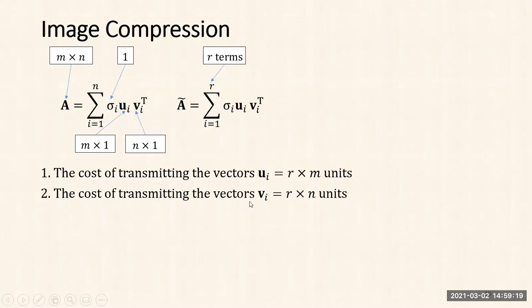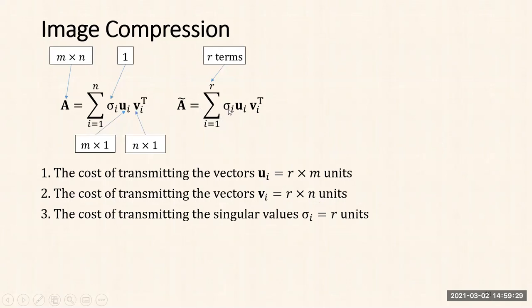The cost of transmitting all these v_i's, R of them, would be R times N units. And then the cost of transmitting the sigma i, since there are R of them that I need to transmit, will be R units. So what's the total cost of transmission? I add them up together: R times (M plus N plus 1).